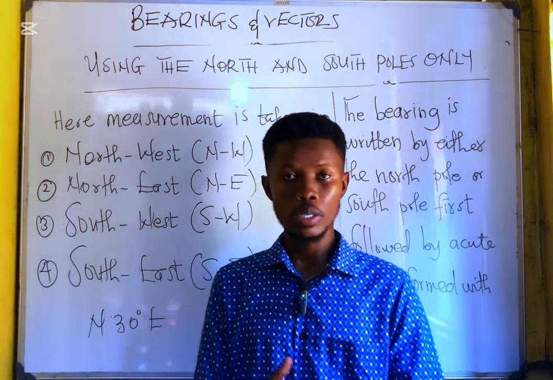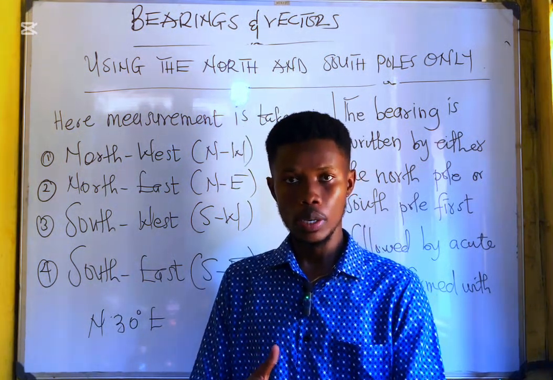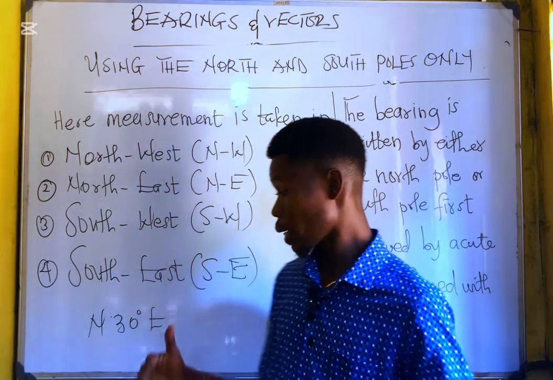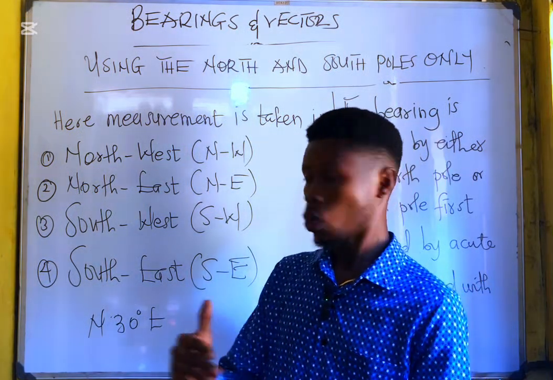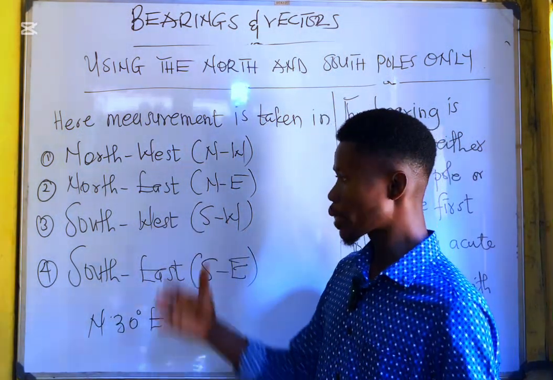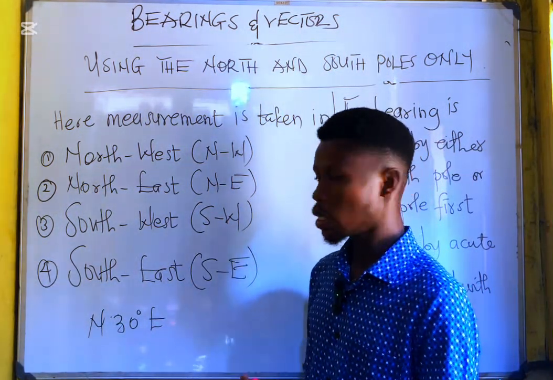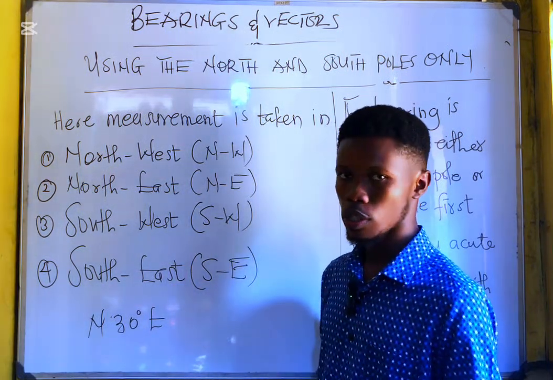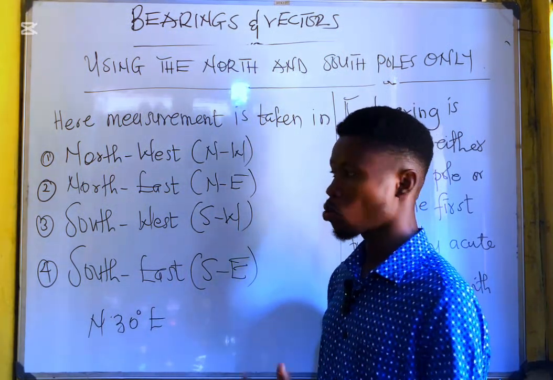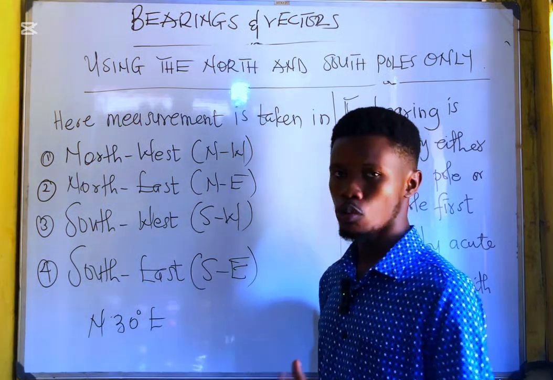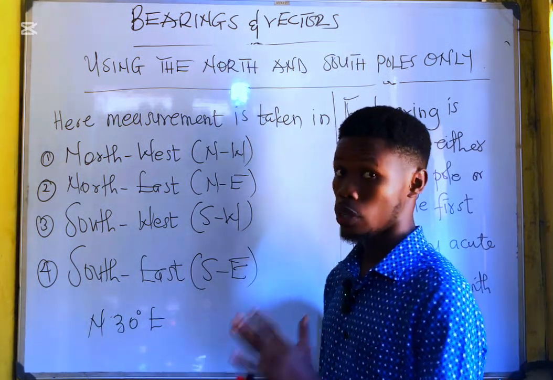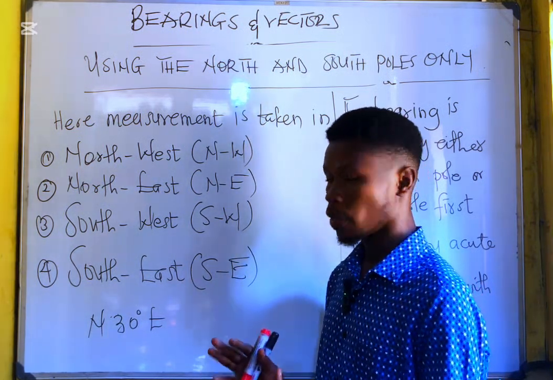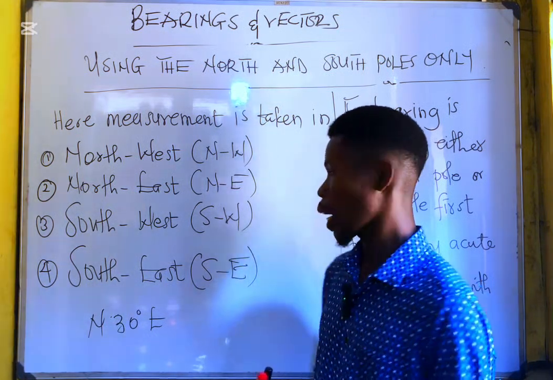For those of you who haven't used a compass, you could see that it's read like this: the north, then the east, or north west. You can have south west, south east. We don't have west south, or east south, or west north, or east north. It does not pronounce or arrange in that way. So that's what you are going to look at.